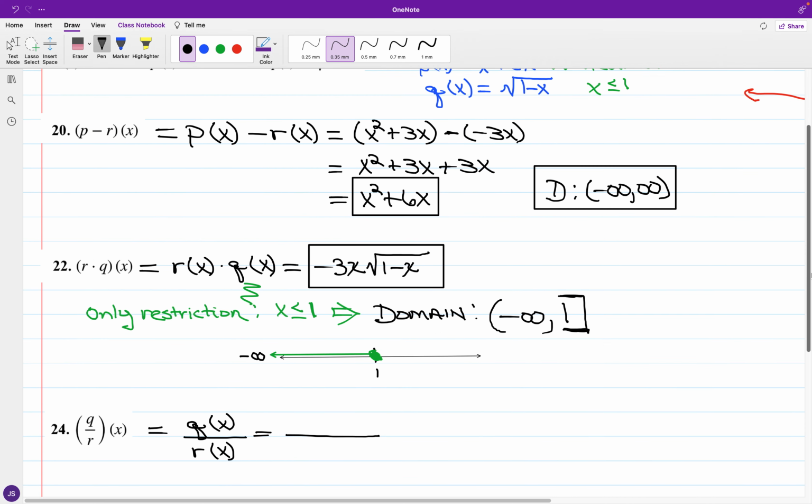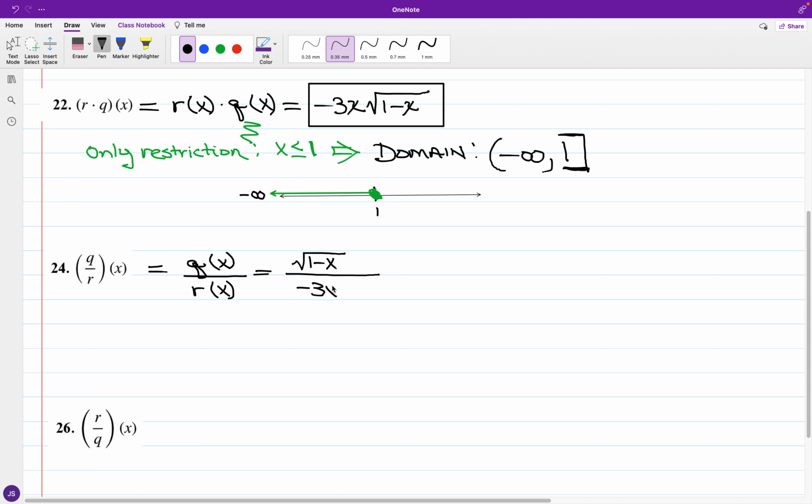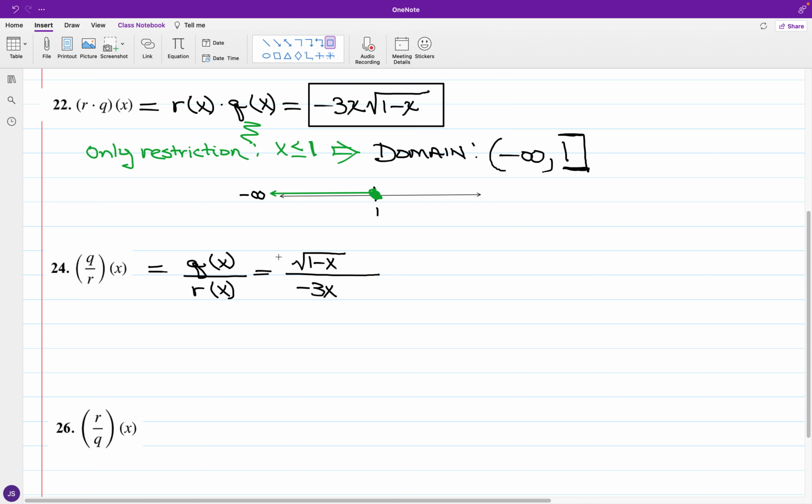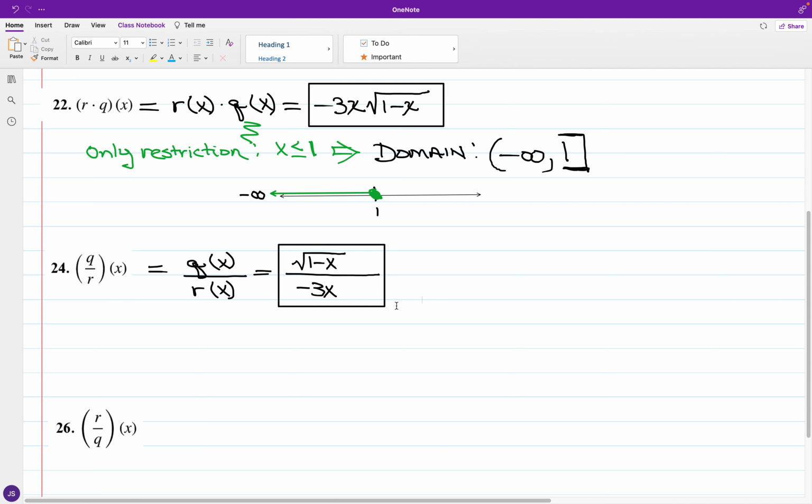Now for q of x, again, we have the square root of 1 minus x. And for r of x, we come out to negative 3x. And just like a lot of the quotient functions, just substituting for the numerator and denominator oftentimes will lead to the simplest form, though not always.